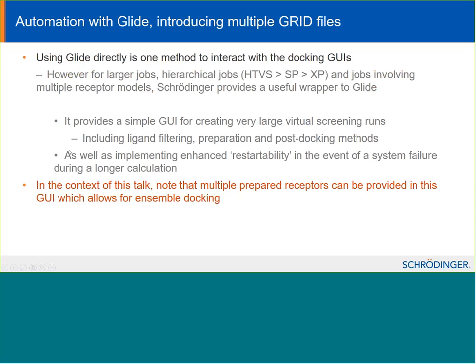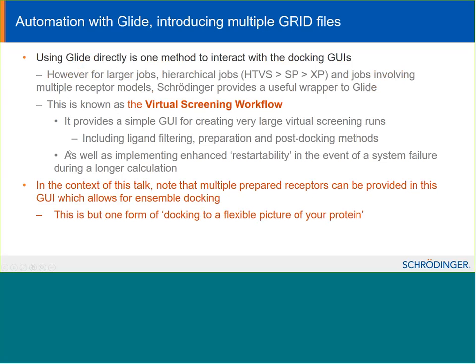interactions. So if you are used to using GLIDE in a more automated way, you may have already used the virtual screening workflow. So this actually helps us to interact with some of the GUIs inside the GLIDE docking, but also other interfaces within the Schrödinger software.